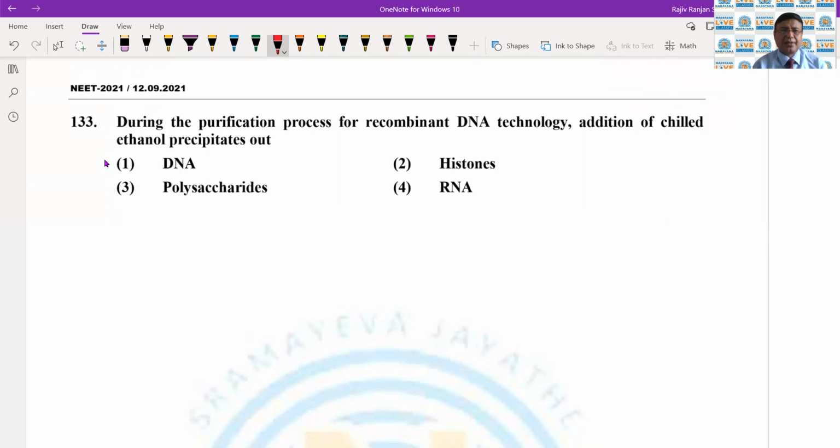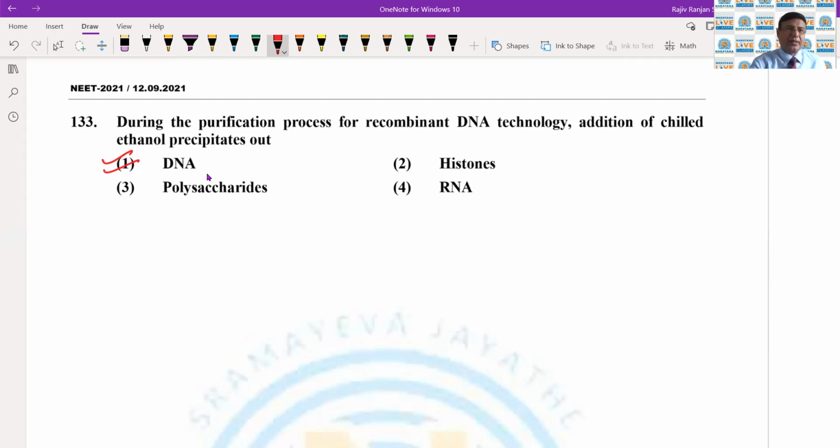So the correct answer is DNA. When we break the cell, we digest the different components of the cell using enzymes to digest all the components except DNA. Lastly, we get a suspension in which the different components are dissolved except DNA. So we add chilled ethanol and take out the DNA, a process known as spooling. It is the DNA that is taken out, and it is very important in genetic engineering.